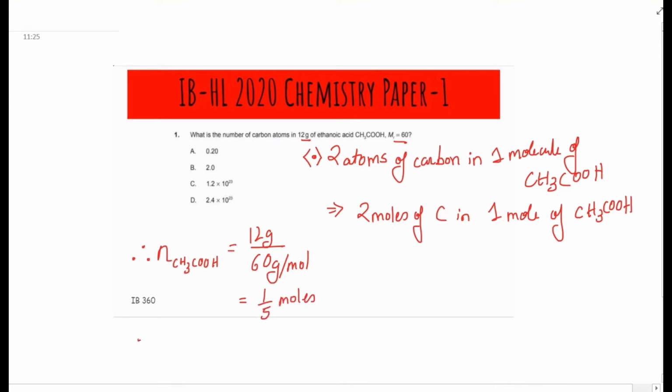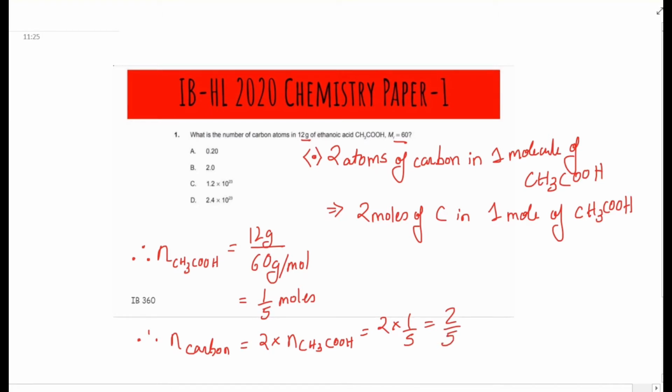Now we know that in 1 mole of ethanoic acid we have 2 moles of carbon. So in 1 by 5 moles, obviously you will have 2 times the moles of ethanoic acid as the moles of carbon. That is 2 times 1 by 5, that is 2 by 5.